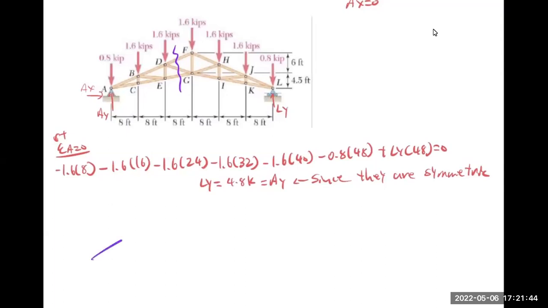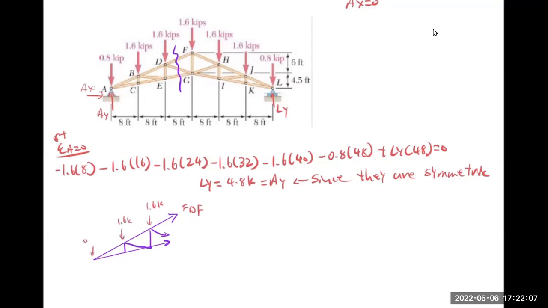So let's draw this out. This is my FDF. This is my 1.6 kips. This is my 1.6 kips.